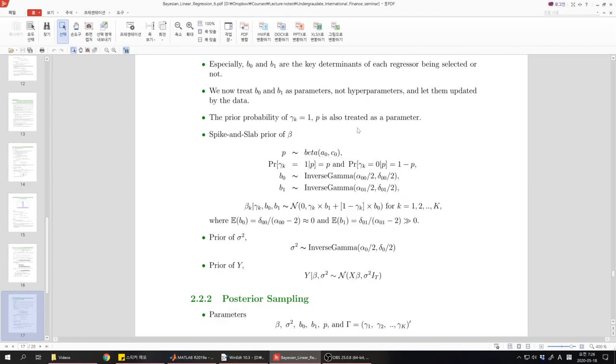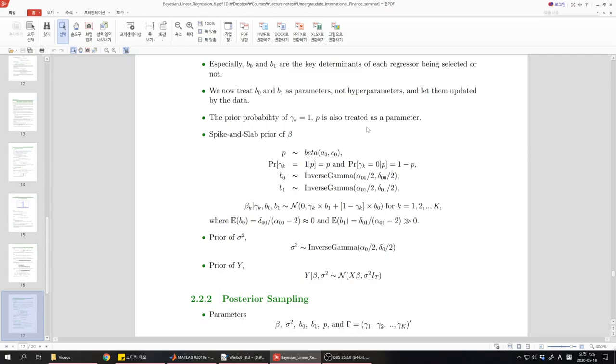And please notice that here there is no subscript on P. Each gamma has its own subscript K, but there is no subscript on P. P is the probability of gamma K being 1.